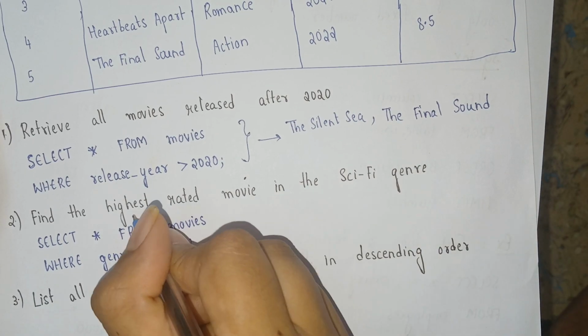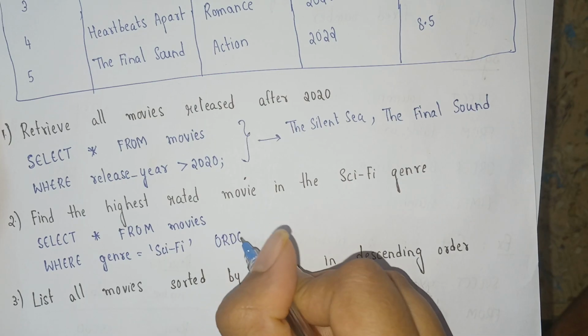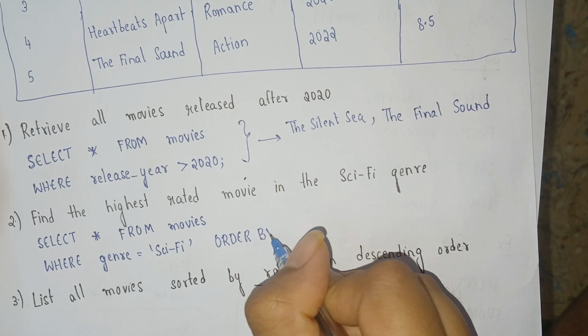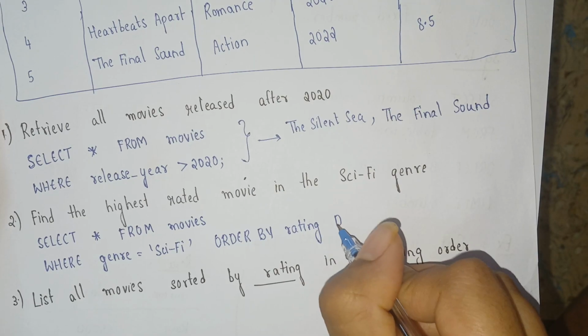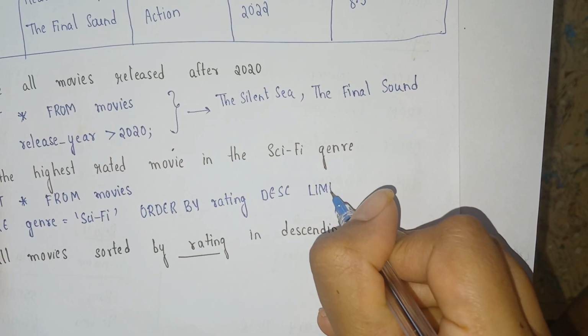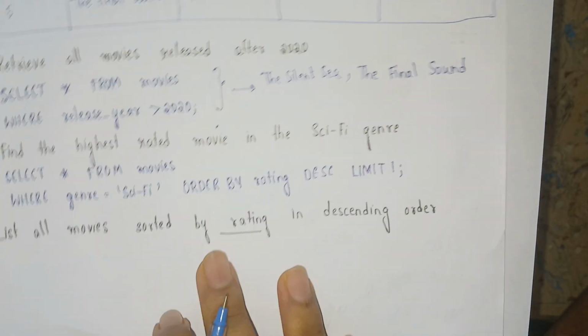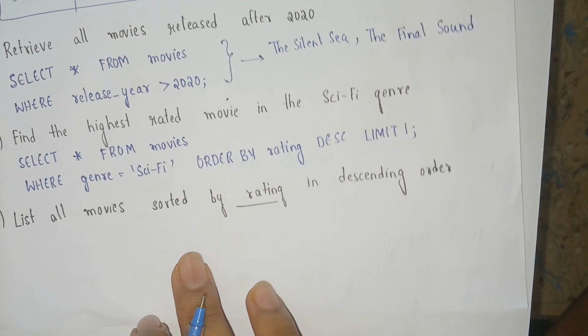We want the highest rated movie in the genre, right? So you need to order it by the rating column. Highest rated we want first, so descending, and limit 1. This will fetch the value to us.